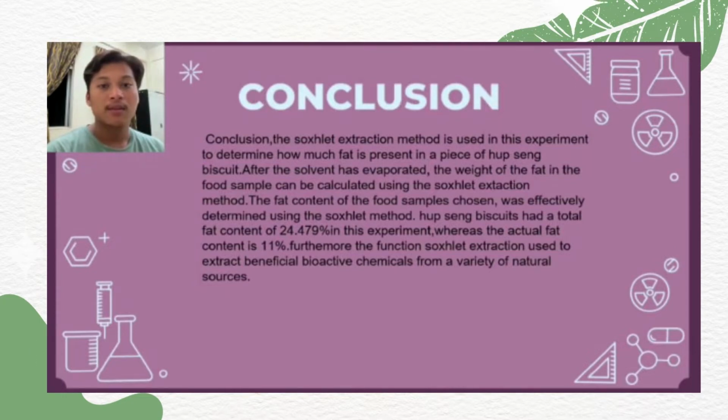Hapsen biscuit had a total fat content of 24.479% in this experiment, whereas the label fat content is 11%. So we can decide that's why Hapsen biscuit is so delicious and yummy. Furthermore, Soxhlet extraction is used to extract beneficial bioactive chemicals from a variety of natural sources. That's all from me and my group. Thank you.